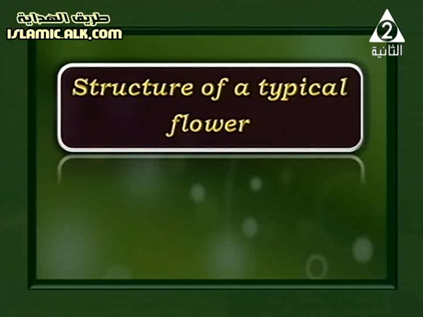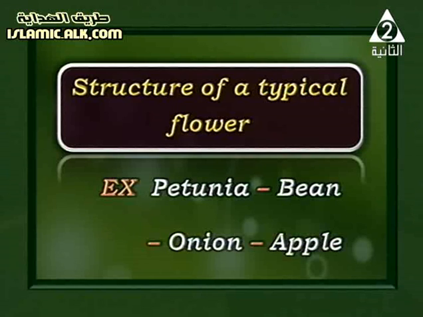Do you mean that some flowers carry only 3 or 2 of the flower parts? Yes, as we're going to study. So a typical flower carries all the flower parts, like the petunia plant, onion, bean, apple, and so on.